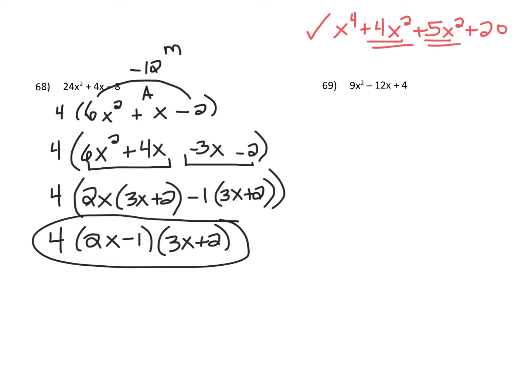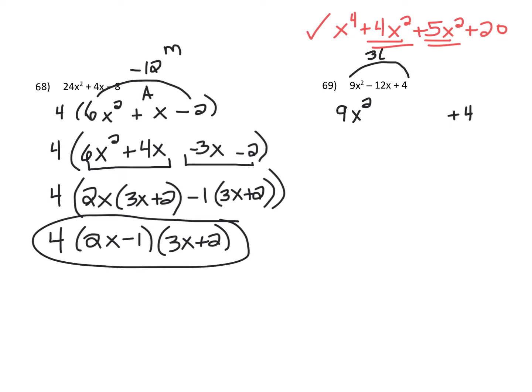All right, and then number 69. So when you look at those three terms, we cannot factor out a greatest common factor. So since we have a number other than 1 in front of the first term, we know we're going to do the rainbow. So we bring down the first term, we leave a big space, and we bring down the last term. And the number we put on the rainbow is we multiply together 9 times 4, which is 36.